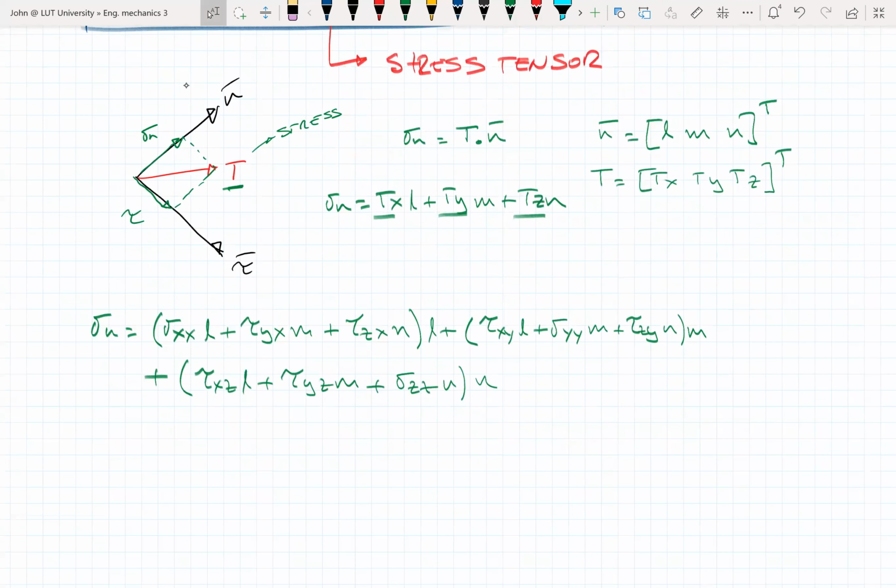I'm going to simplify this equation so we can arrange terms.